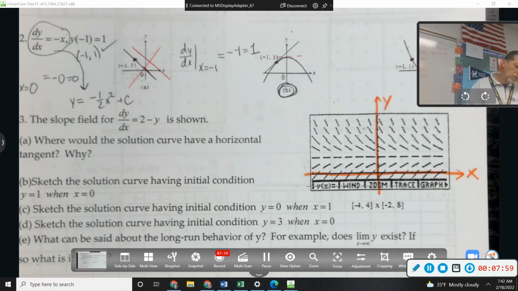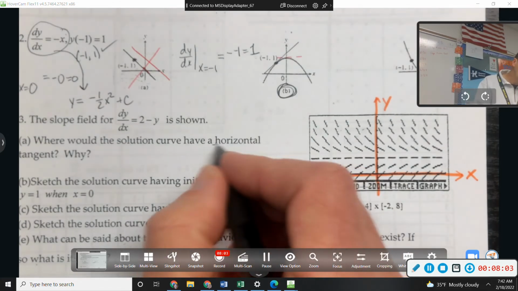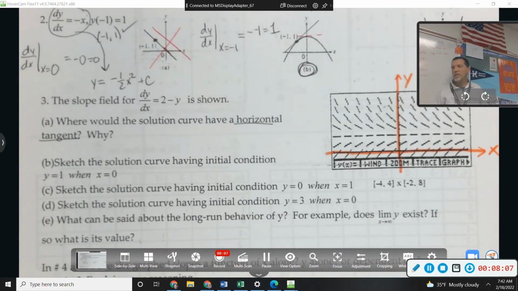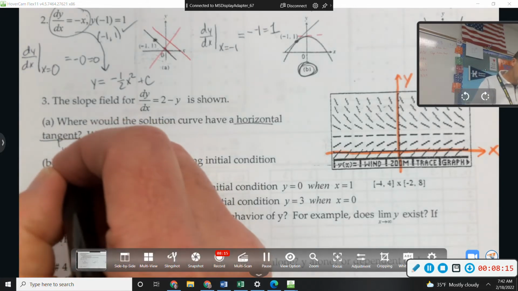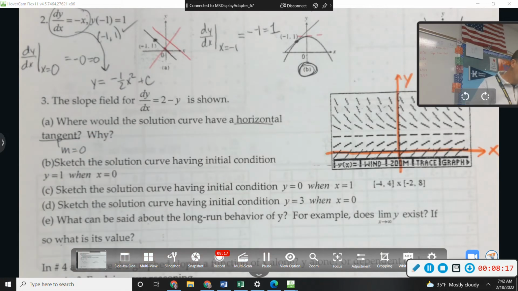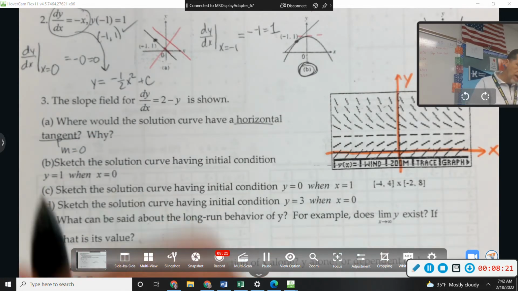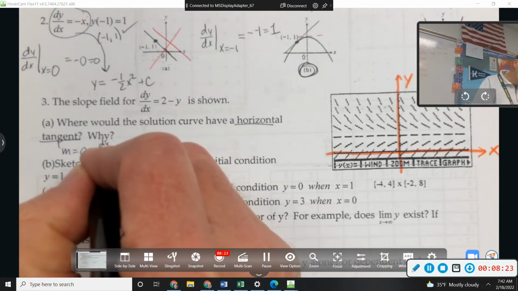Let's see. Where would the solution curve have a horizontal tangent? What's horizontal tangent mean? Let's just back up and go piece by piece here. What's horizontal tangent mean? Slope equals 0. So that means dy dx equals 0.